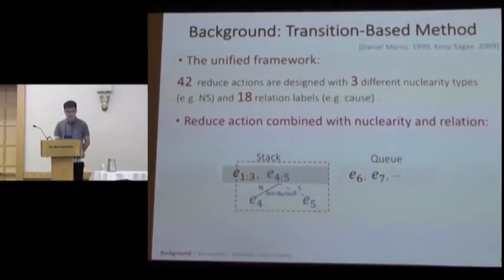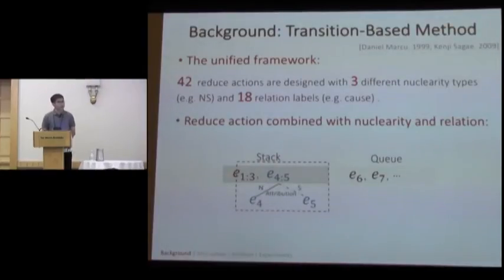Previous transition-based discourse parsing systems usually employ a unified framework to parse the tree structure and get the relation labels at the same time. To do this, they combine the reduce action with 3 nuclearity types and 16 relation labels. So there are totally 42 reduce actions in their system.